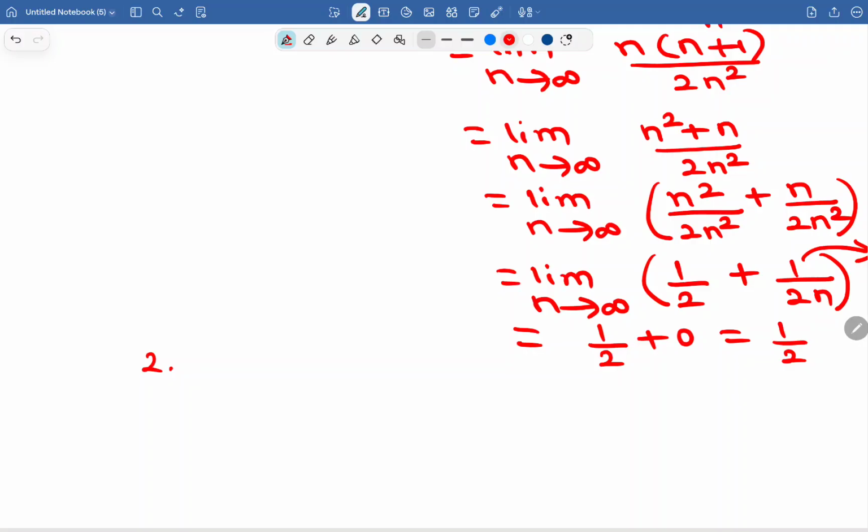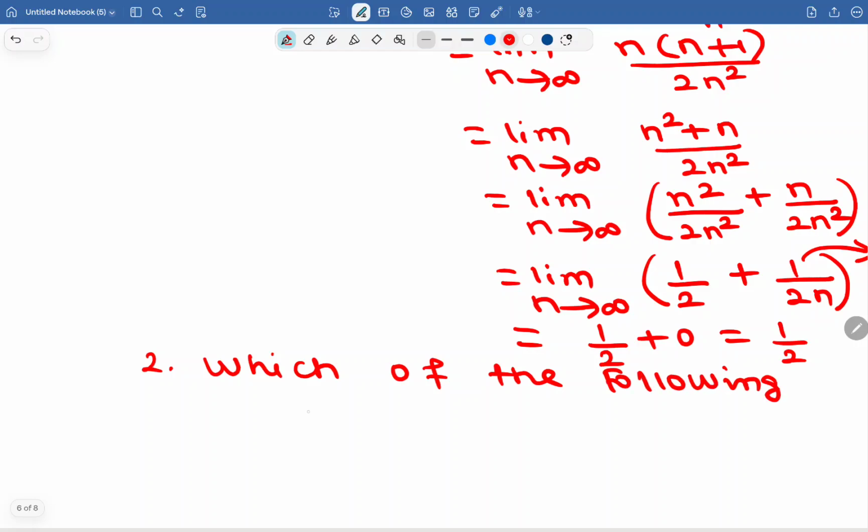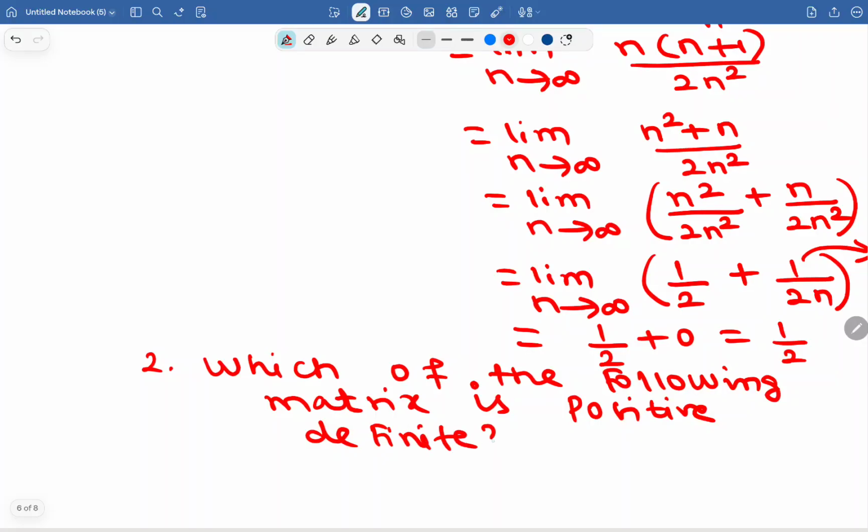Which of the following matrix is positive definite?